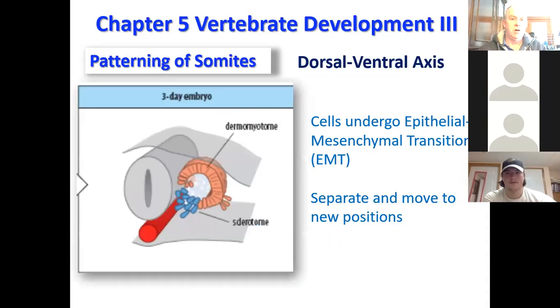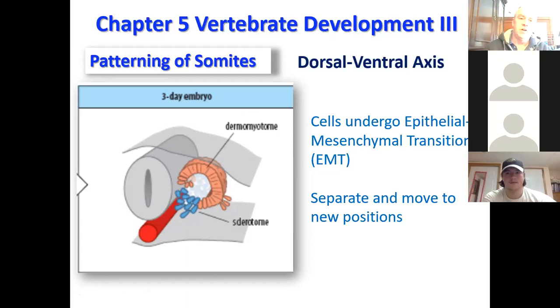So what do they become? I'm glad you asked. First of all, the bottom of that somite will become sclerotome, and these cells will undergo epithelial to mesenchymal transition.